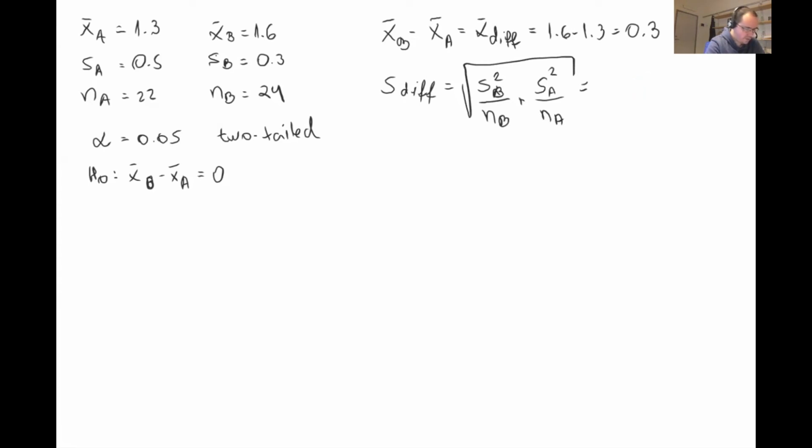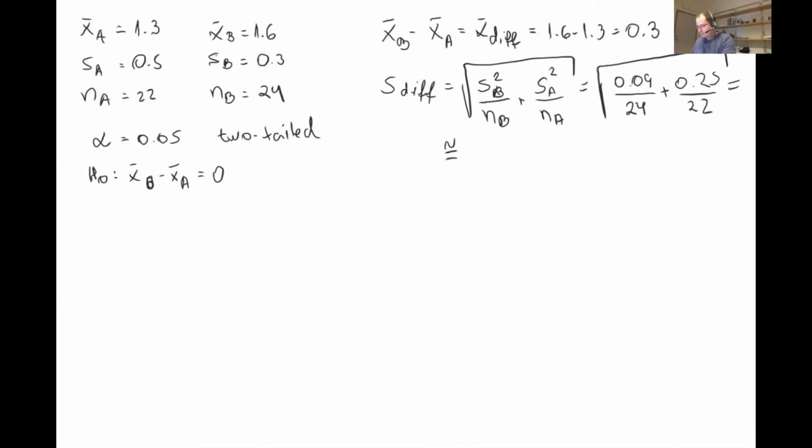We start with sample B. So the variance of sample B is 0.09 because that's 0.3 squared, divided by the sample size of B, which is 24, plus 0.25 divided by 22, which is the sample size of A. And then we take the square root of this. I will actually calculate this right now very quickly.